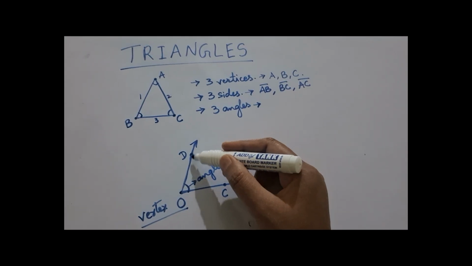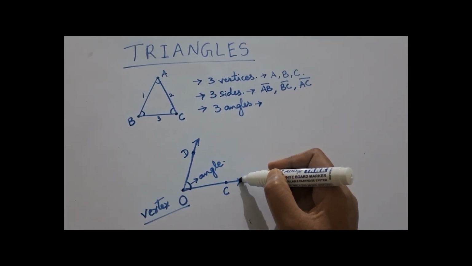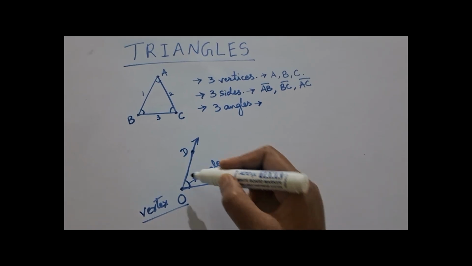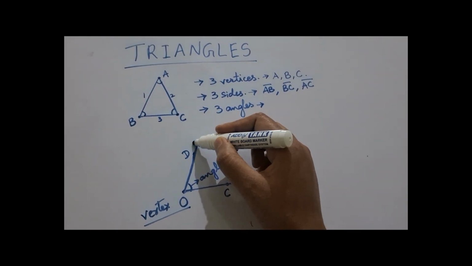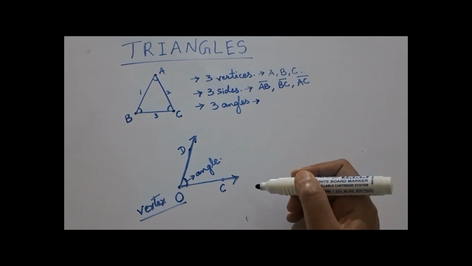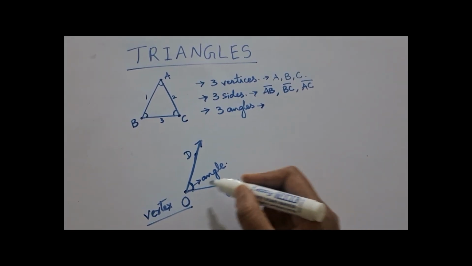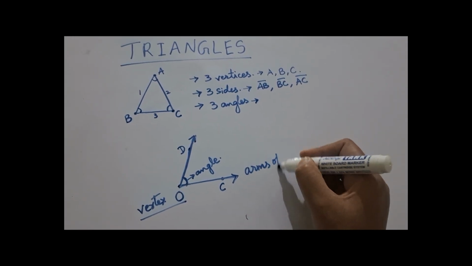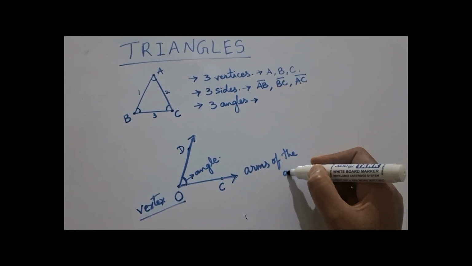And an angle is having one vertex and 2 arms. These rays between which the angle is made are called the arms of the angle.